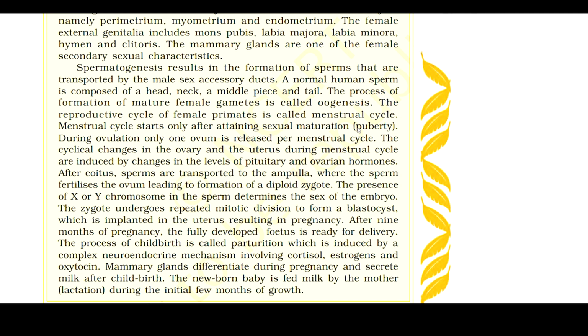The process of childbirth is called parturition, which is induced by a complex neuroendocrine mechanism involving cortisol, estrogens, and oxytocin. Mammary glands differentiate during pregnancy and secrete milk after childbirth. The newborn baby is fed milk by the mother, which is lactation, during the initial few months of growth.